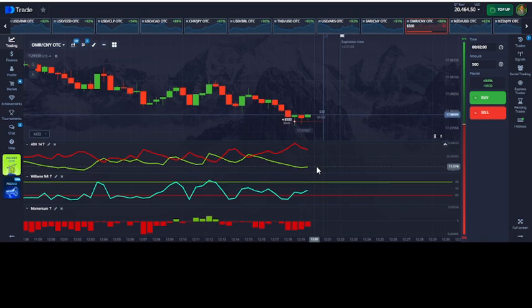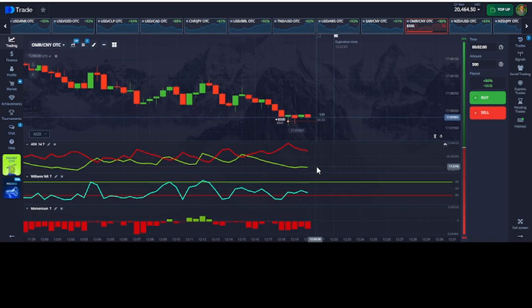So let's monitor the trade and wait for the expiration at the end of the 2 minutes.